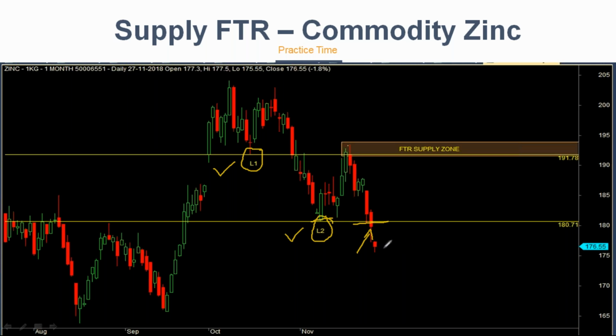The moment L2 is broken, this zone is the FTR supply zone. In this case, I have taken only lower wick to upper wick. I don't want to take the full base. It's too big for me. So purposefully I took it that way. That's my choice.